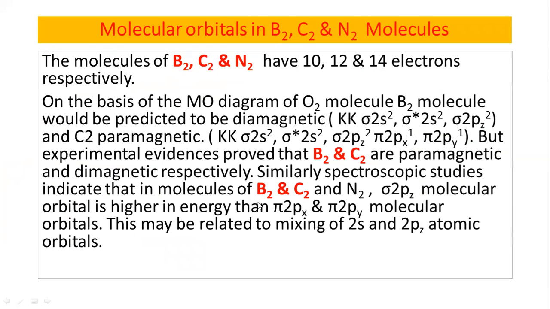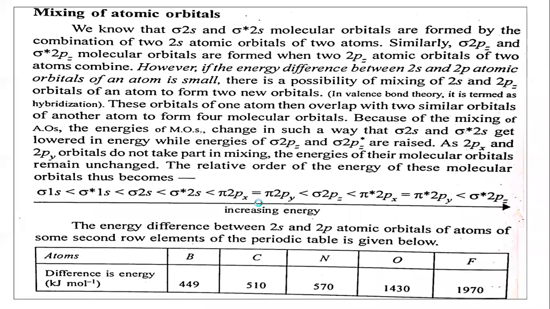So let us explain now how the sigma 2pz molecular orbital has the higher energy, and how the boron molecule is paramagnetic and the carbon molecule is diamagnetic. This can be explained on the basis of mixing of atomic orbitals.